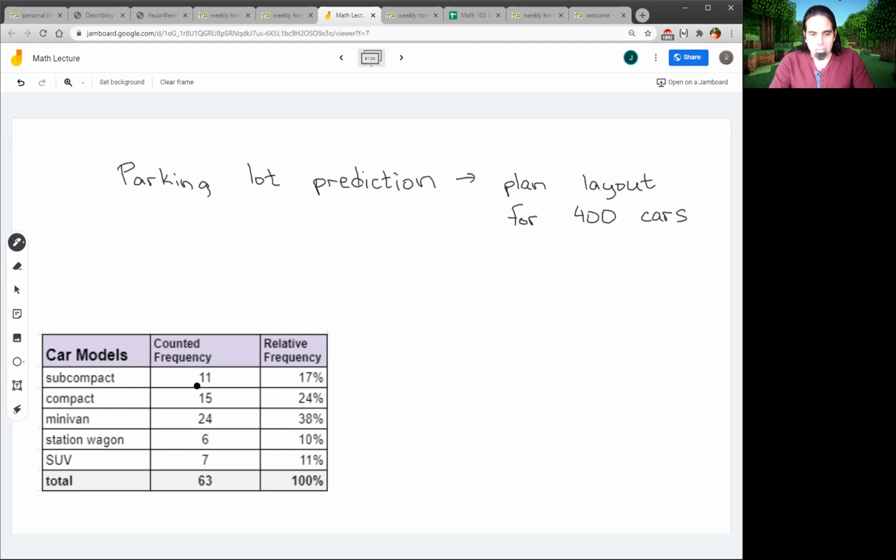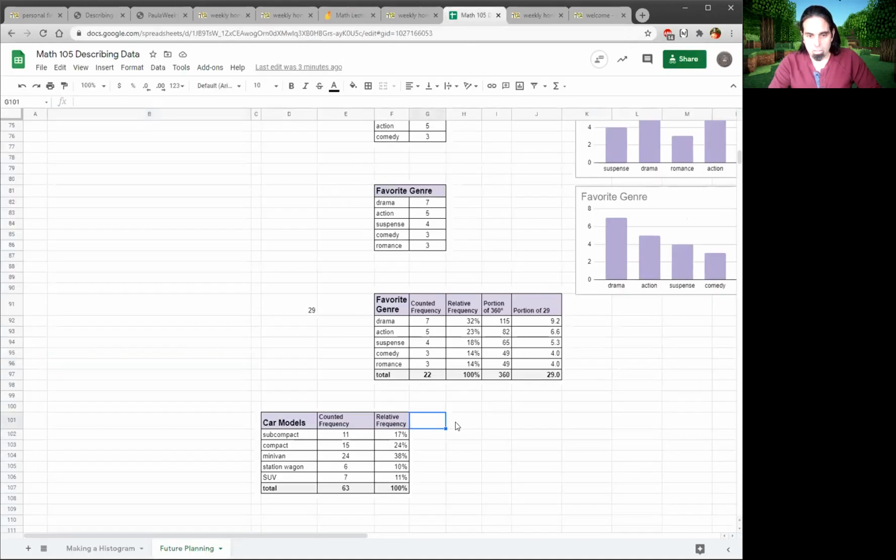But the point is that 11 divided by 63 was 17%. So what is 17% of 400? For each of these, we're going to multiply it by 400. And to save time, I'm not going to actually do that in my calculator, because you've watched me hit calculator buttons enough today.